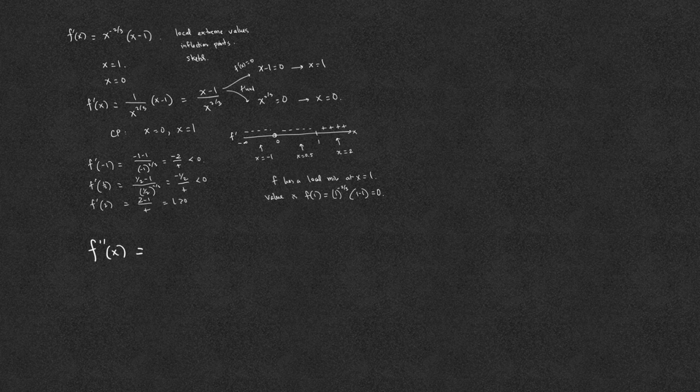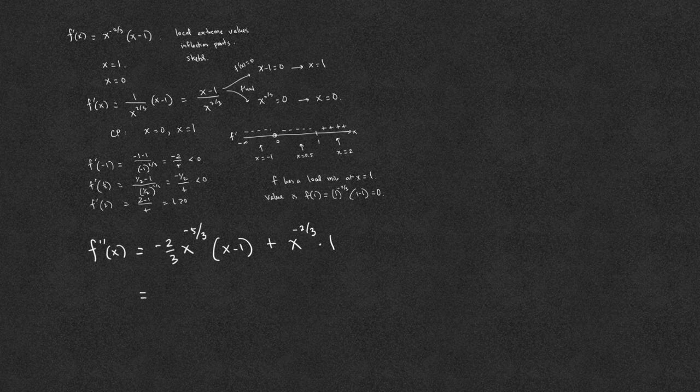The derivative of the first factor is minus 2 over 3 x to the negative 2/3 minus 1, which is negative 2/3 minus 3/3, or minus 5 over 3, times the second factor, and then we plus keep the first factor, x to the negative 2/3, times the derivative of the second factor, which is the derivative of x minus 1, or just simply 1.